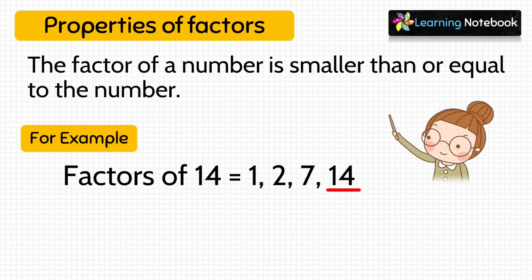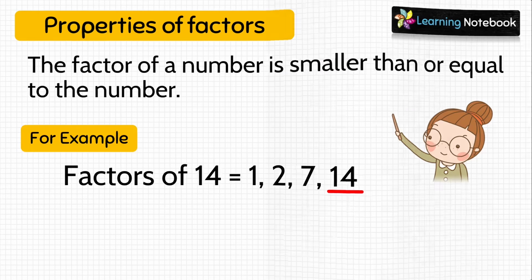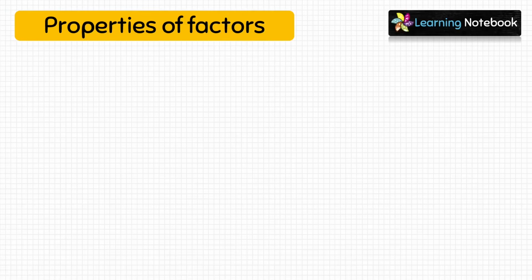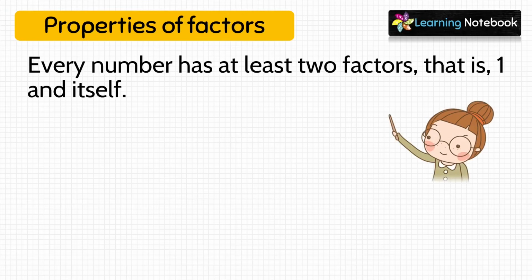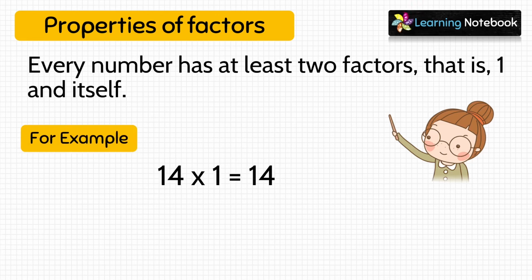And all other factors are smaller than number 14. And the last property of factors is every number has at least two factors, that is 1 and itself. For example, 14 into 1 equals 14. So 14 has at least two factors, 1 and 14 itself. So these were the properties of factors.